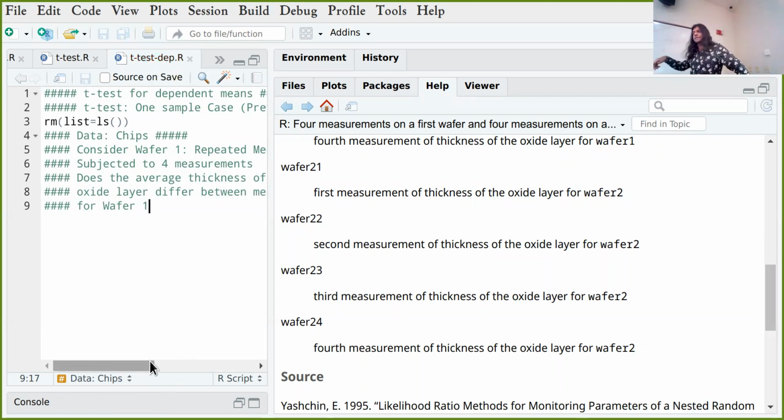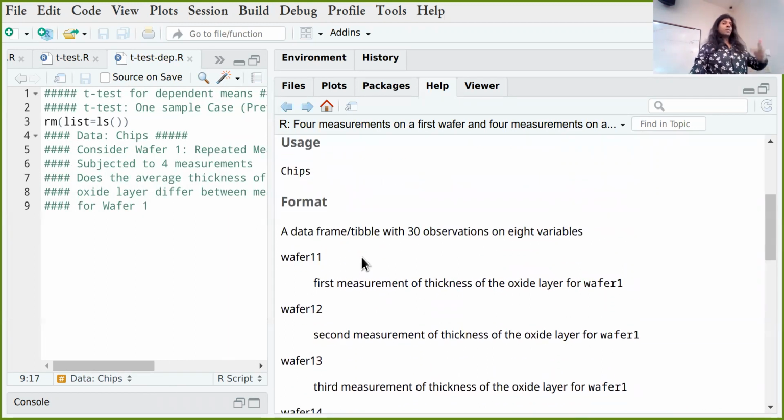You cannot do a t-test, the one that we did, and say, oh, the wafer is consistent. That is wrong to begin with. Now, if you look at the way the design was done, you have wafer 1 repeated 4 times, wafer 2 repeated 4 times.